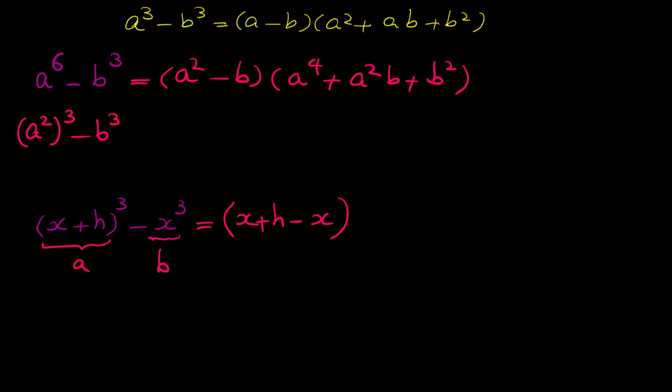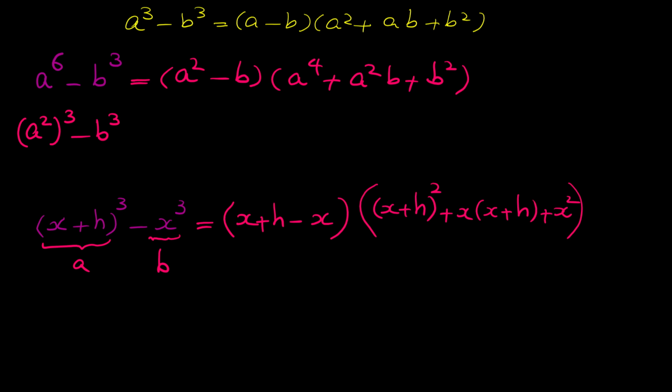Times a to the 2, a is x plus h, to the 2. Because we want to raise this to the 2, we have to put a bracket. Then ab, x plus h times x. And I'm not going to write it as x plus h times x; I prefer to put x here, x times x plus h. The order of multiplication doesn't matter. And b to the 2, b is x, to the 2. This is the factored form of that expression.